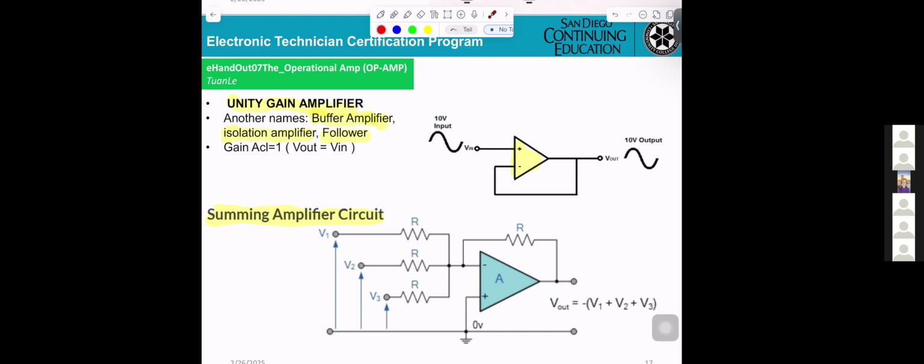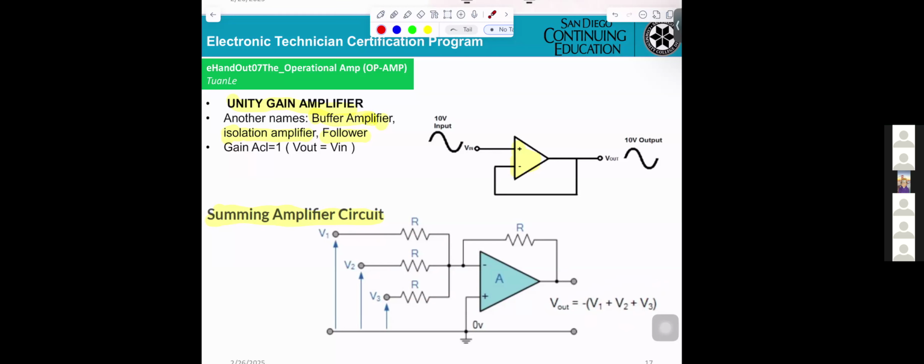That's simple, okay? This is the inverting. However, before you apply only one input, now you apply V1 input, V2 input, V3 input, okay? And you want to calculate the output, and this is the formula.